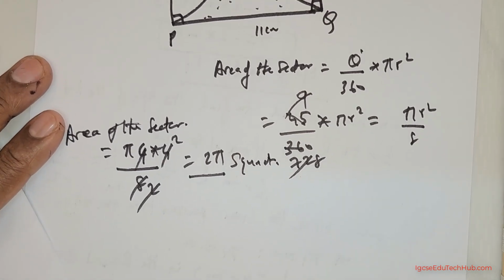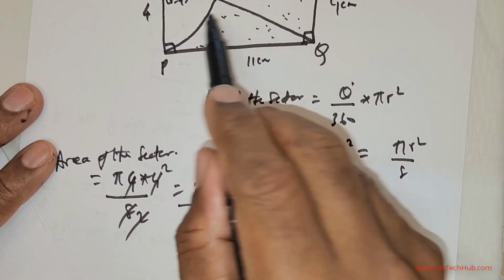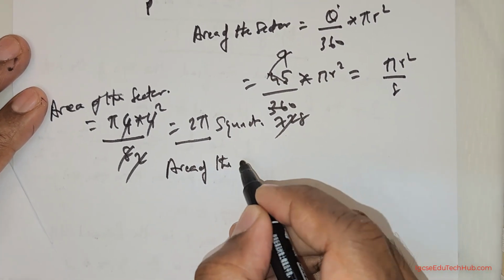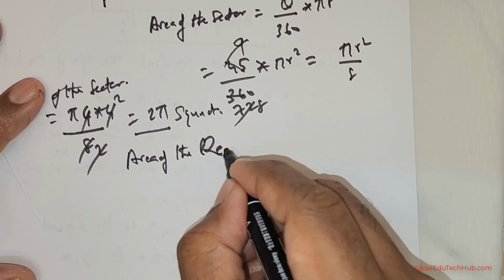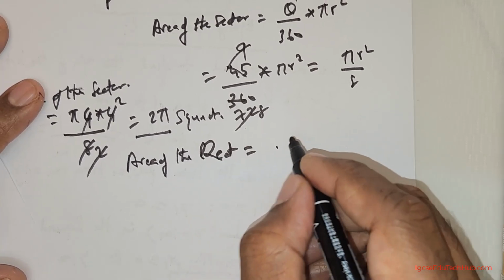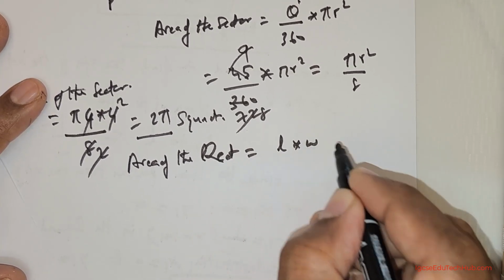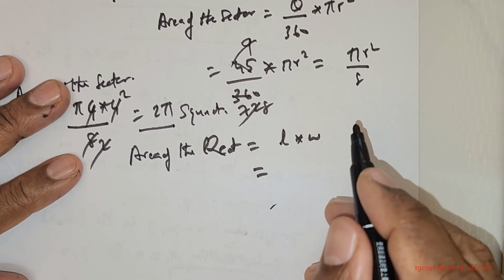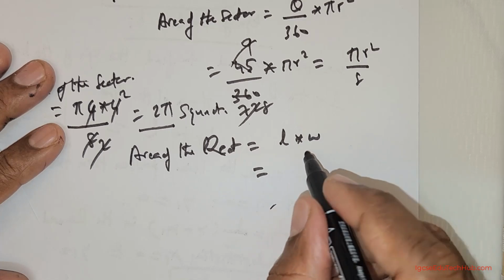So fair enough. Now I'm going to find the area of the rectangle. That is going to be length into width, base into height or whatever you want, you can just state that.